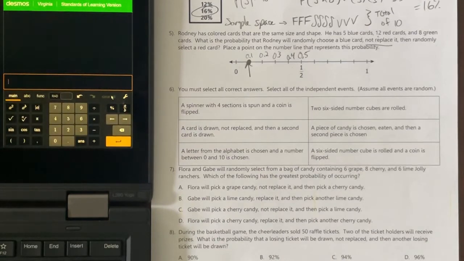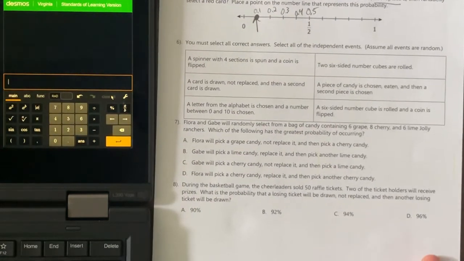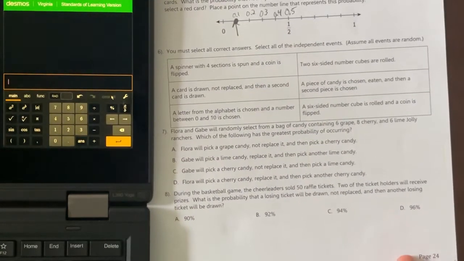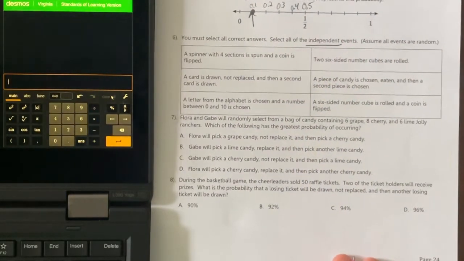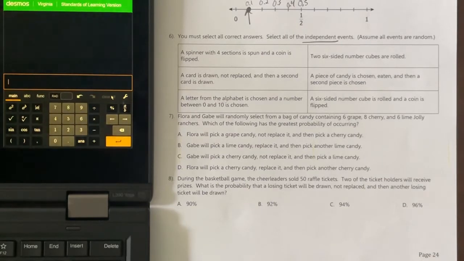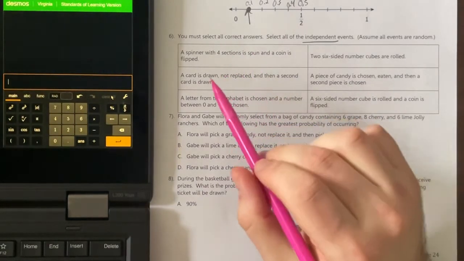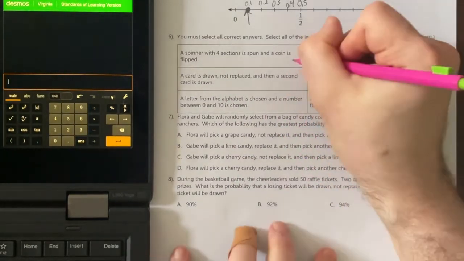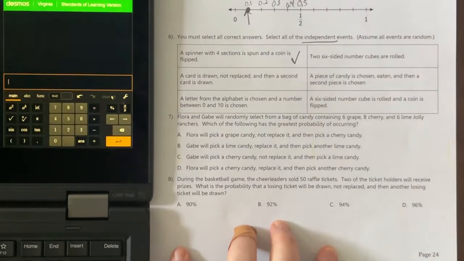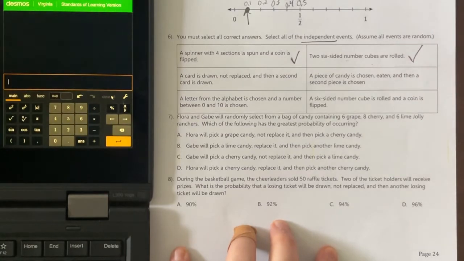All right, for number 6, you must select all correct answers. Select all the independent events. All right, so these are the ones that do not affect each other. Again, a spinner does not affect a coin being flipped, so that is good. The number cubes do not affect each other either.